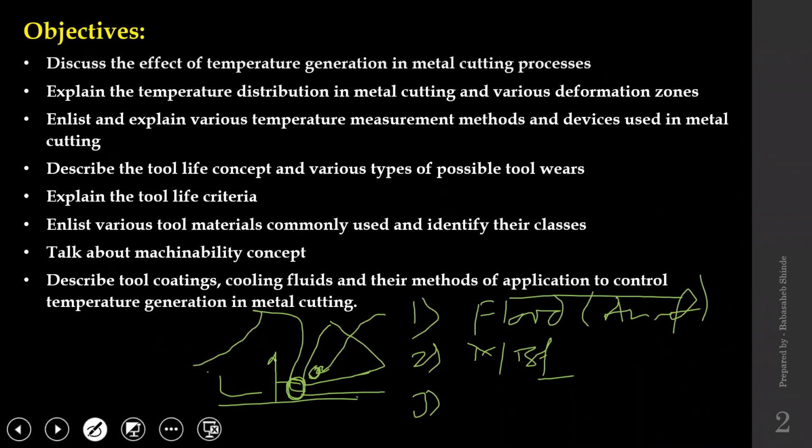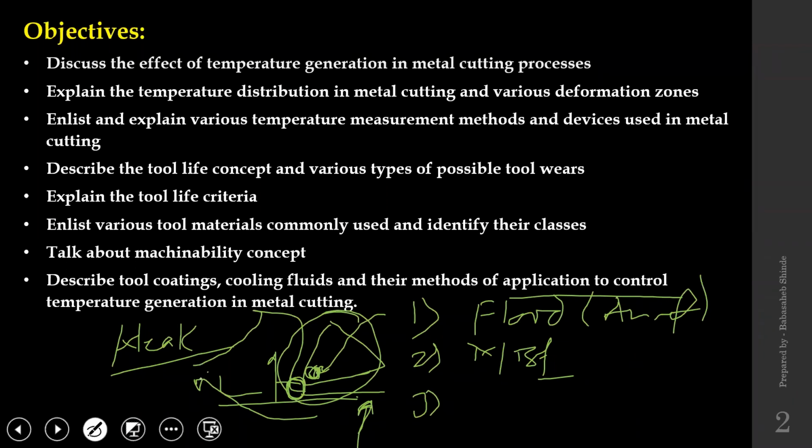But it has got limitation also. What happens when you use this third method? As you are providing passages in the cutting tool, you are making the cutting tool weak. Okay, so by this method you can get better results, but there are some negative effects on the cutting tool strength also.